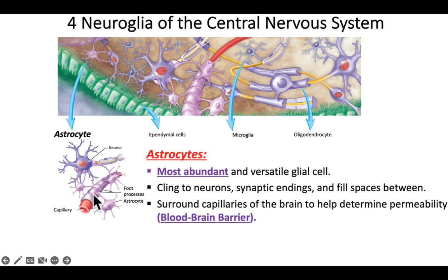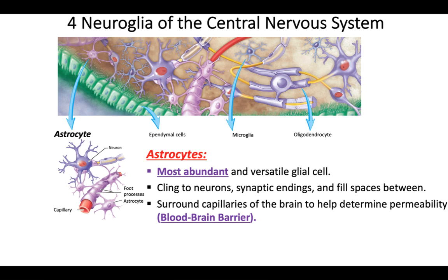So that's actually shown right here. This is a capillary inside your brain, and then these are the astrocytes that coat that blood capillary and form a barrier. Now what does this barrier do? It helps to prevent certain things from getting into your brain from the blood. So it's a protective barrier against maybe a toxin or something in the bloodstream that could harm the brain.